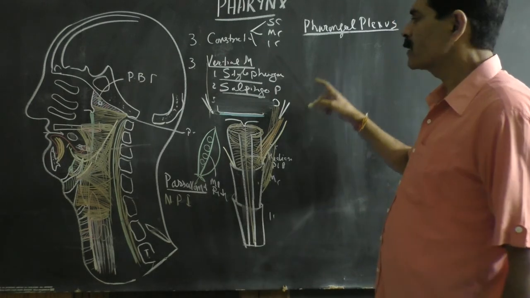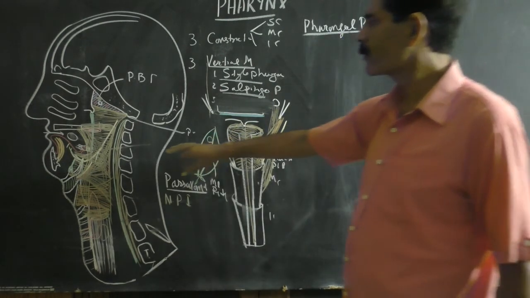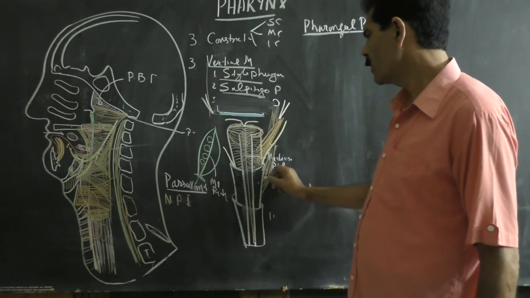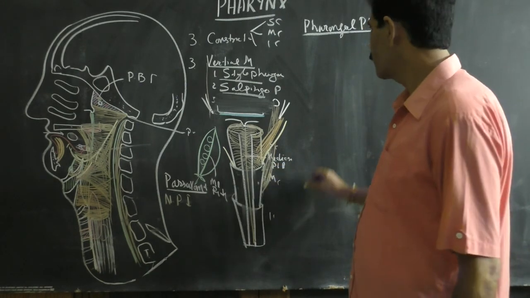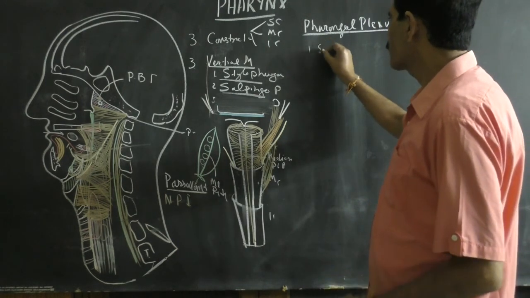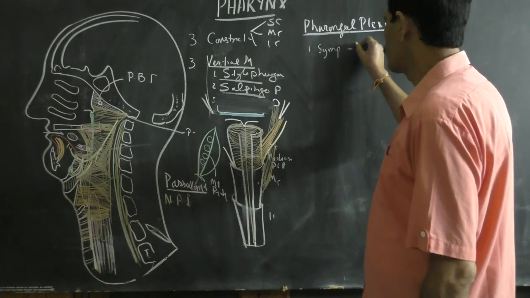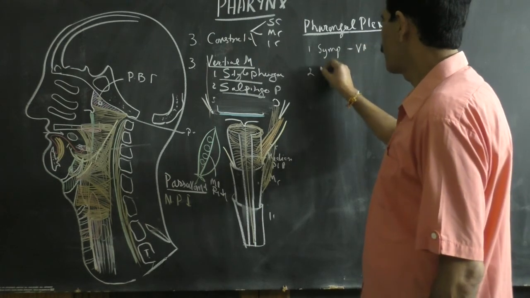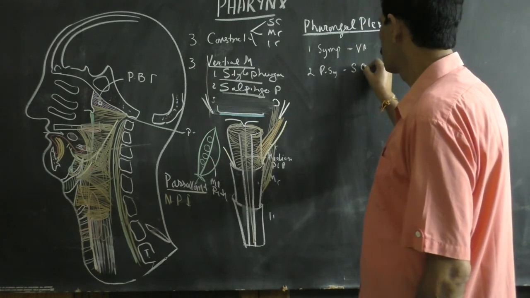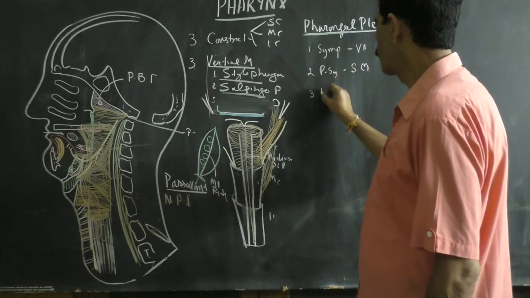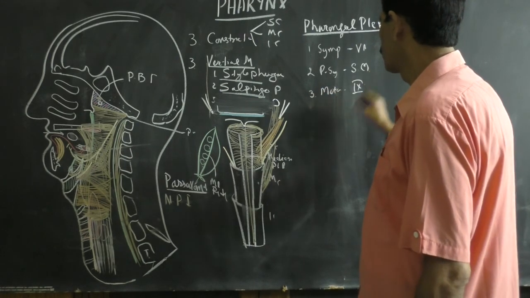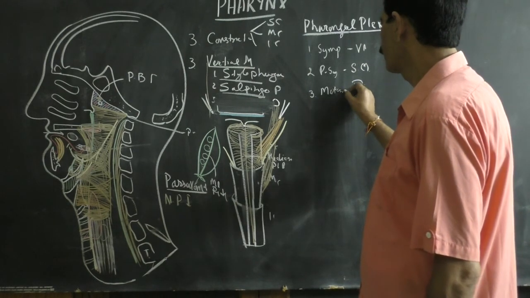Now the pharyngeal plexus is formed on the outer surface of the middle constrictor muscle. So this is the middle constrictor outer surface. This pharyngeal plexus has contributions from the sympathetic, which are the vasomotor fibers, the parasympathetic, which are the secretomotor fibers, and third is the motor nerve, that is the ninth nerve, the motor contribution.